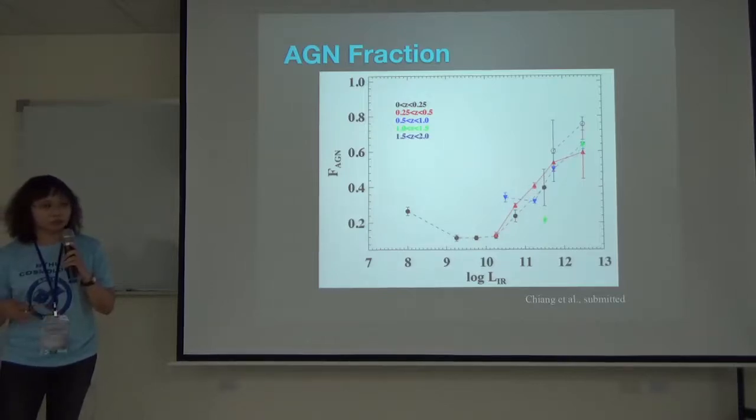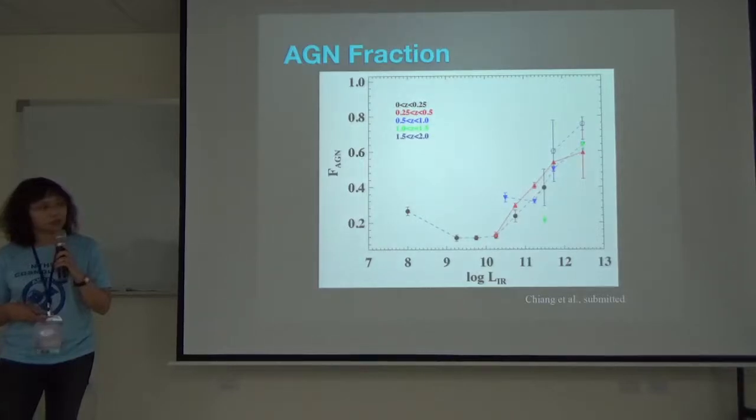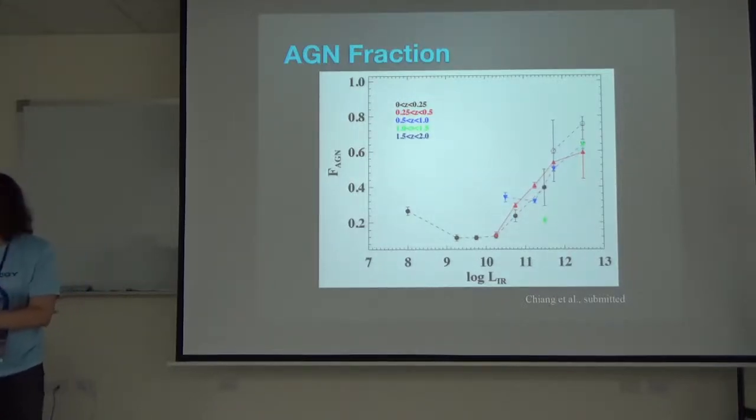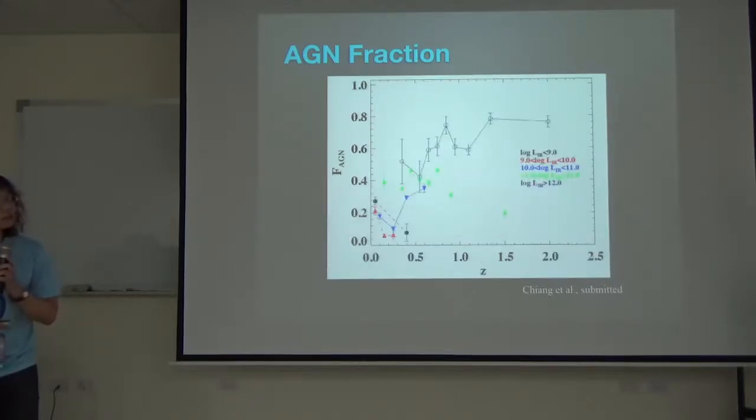You mean the sample selection criteria? Do you mean if I use different templates? No, the denominator. The total number of galaxies. But what galaxies, selected by what kind of criteria? Infrared luminosity.